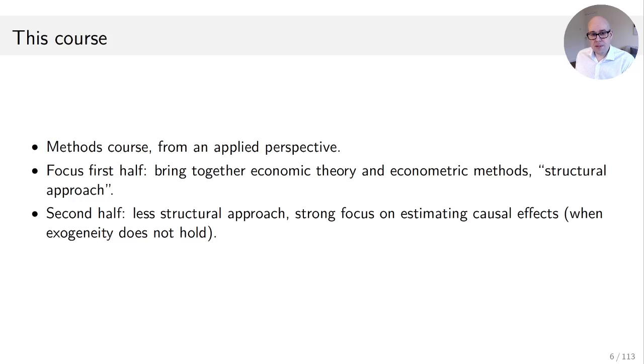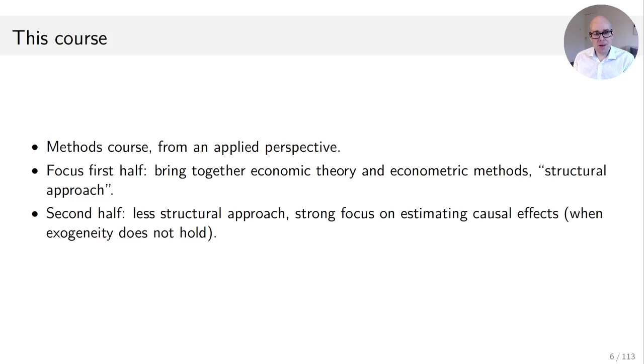Good. So what do we do in this course? This is a methods course. What we do here very explicitly is to take an applied perspective. I'm teaching here the first half of this course, and what we do here is to bring together economic theory and econometric methods, and you can call this the structural approach.